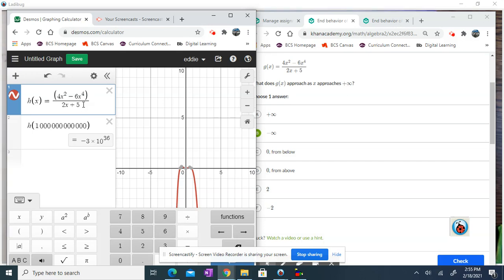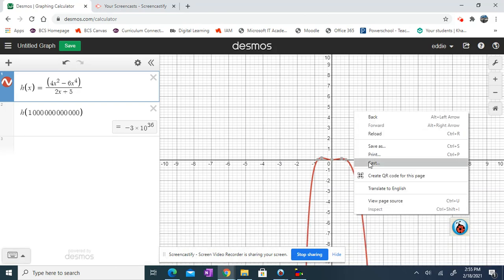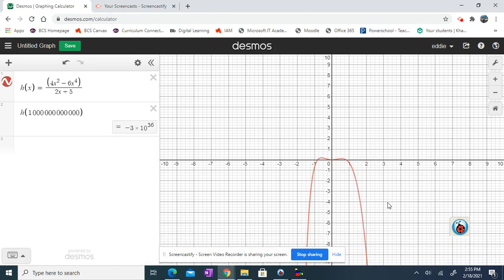Okay. So here's the graph. And what did I say? I said as x goes to positive infinity, y is going to go to negative infinity, right? And then I said as x goes to negative infinity, y should go to positive infinity, but it doesn't look that way, right? It looks like that's not true from this graph.